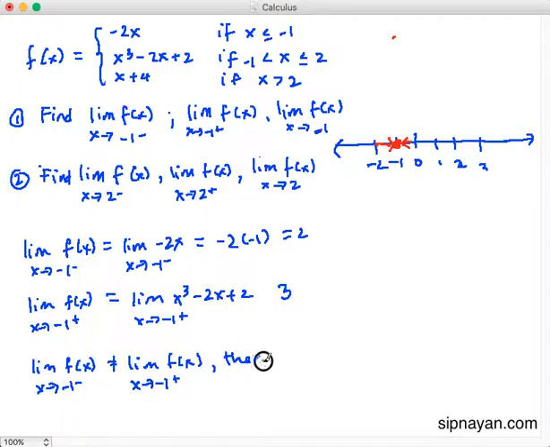Therefore, the limit of f of x as x approaches negative 1 does not exist. Sabi nyo, does not exist. Usually, ito yung acronym na nilalagay natin. No? But it means does not exist.